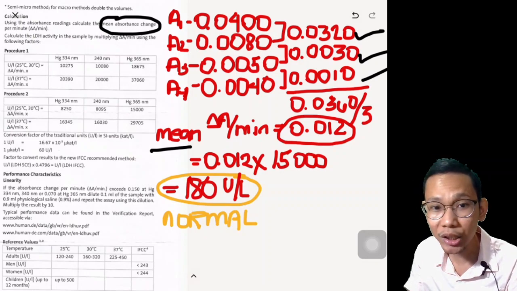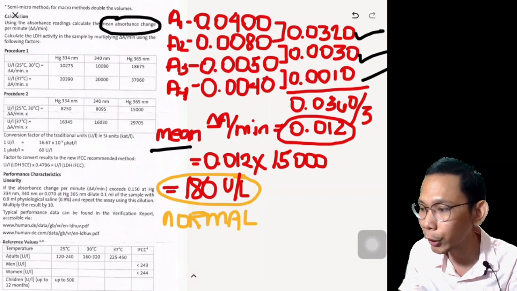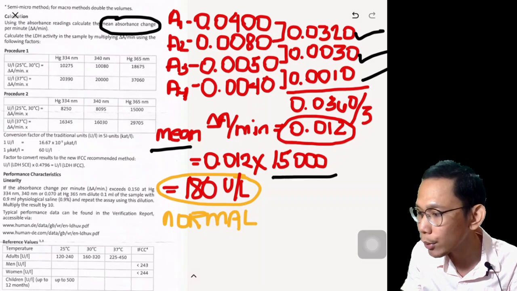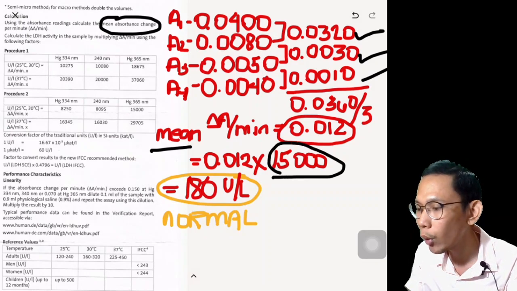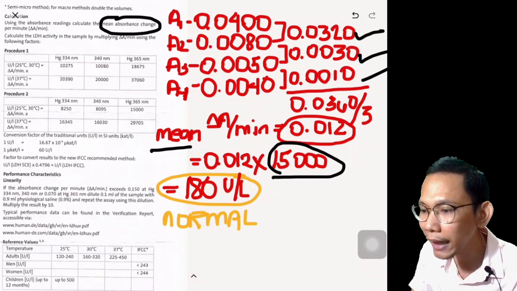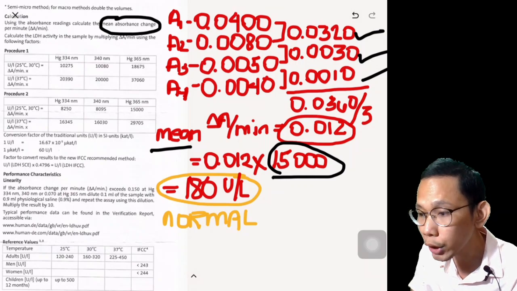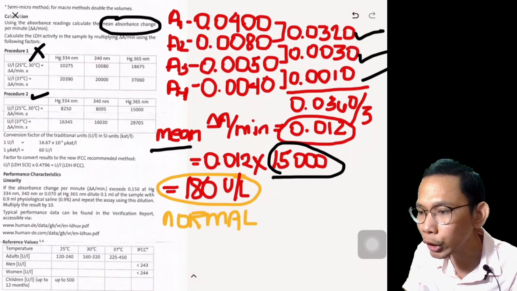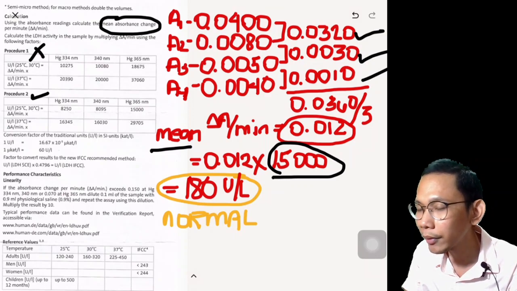Is this the final answer, Doc? No. Again, we will multiply this by the factor: 0.012 times 15,000. Doc, where did we get the 15,000? Let's go back to procedure number 2, since we are using procedure 2, not procedure 1. In procedure 2, what wavelength did we use?